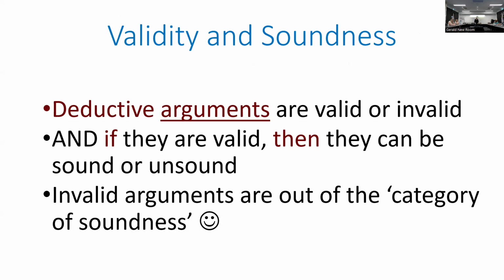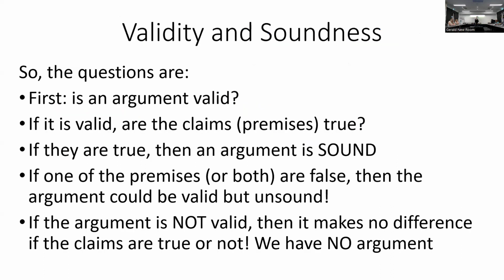It's not a good argument. An invalid argument is outside of the category of soundness. So only a valid argument could be sound or unsound. Just remember that. So the question would be: is the argument valid? If it is valid, are the premises true? All animals are four-legged.